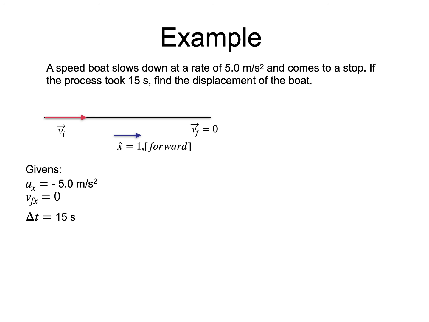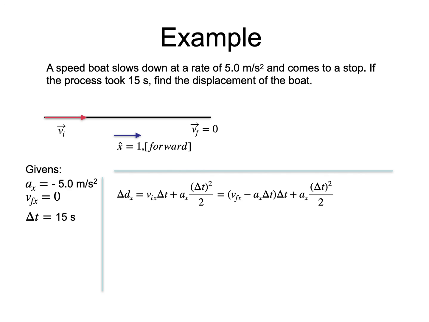Since we are looking for the displacement, we will choose an equation where delta dx is isolated. On the right-hand side of this equation, we know the values of ax and delta t as they are givens. We do not know the value of Vix, but we can use an equation that connects it to ax, Vfx, and delta t.